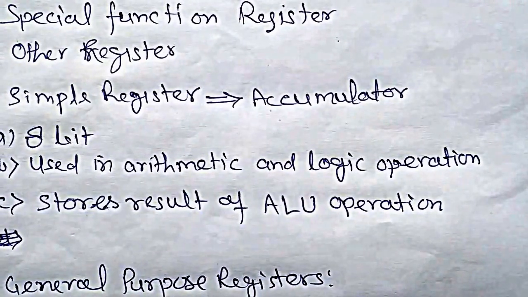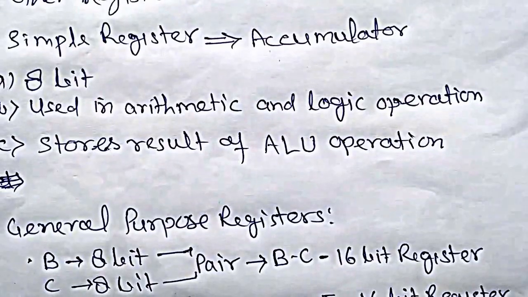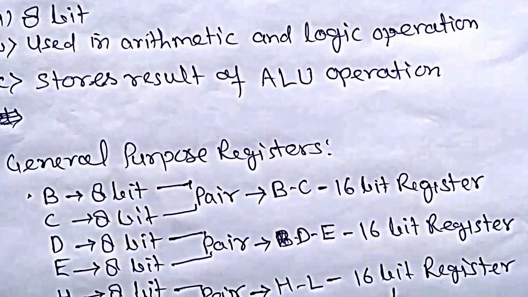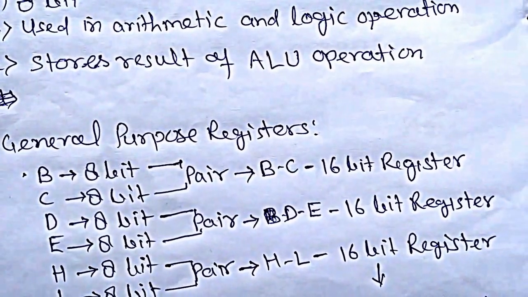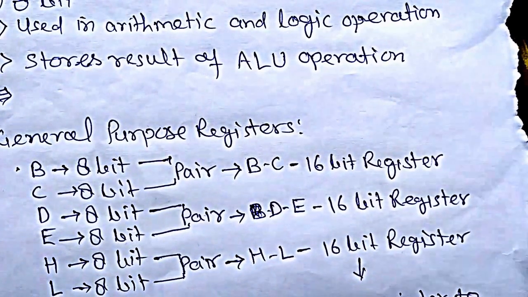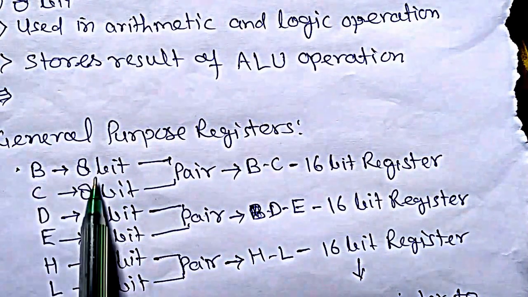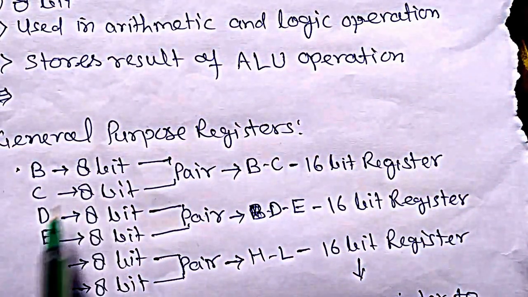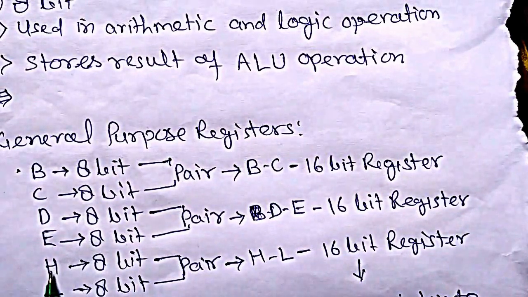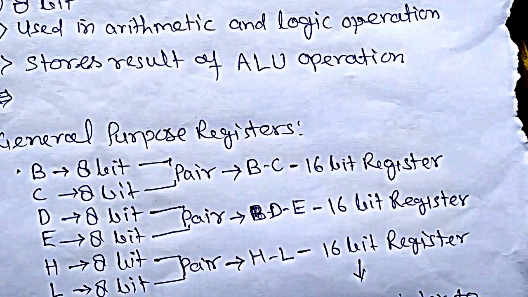General purpose registers are B, C, D, E, H and L. These are 8-bit registers: B 8-bit register, C 8-bit register, D 8-bit, E 8-bit, H 8-bit and L 8-bit registers.